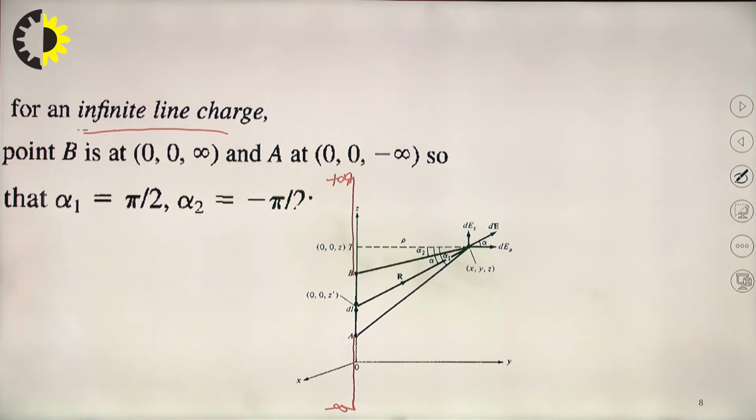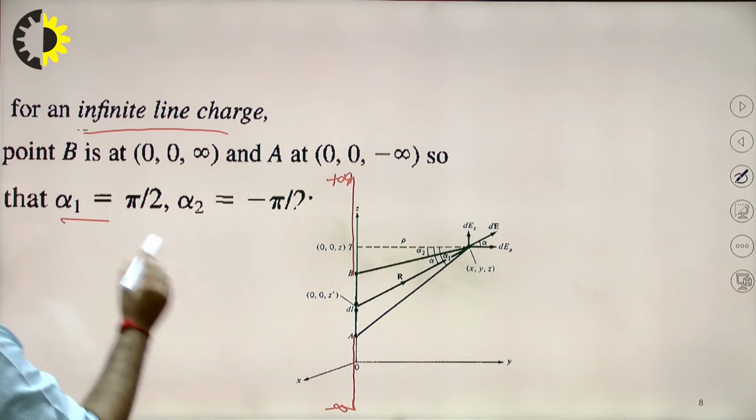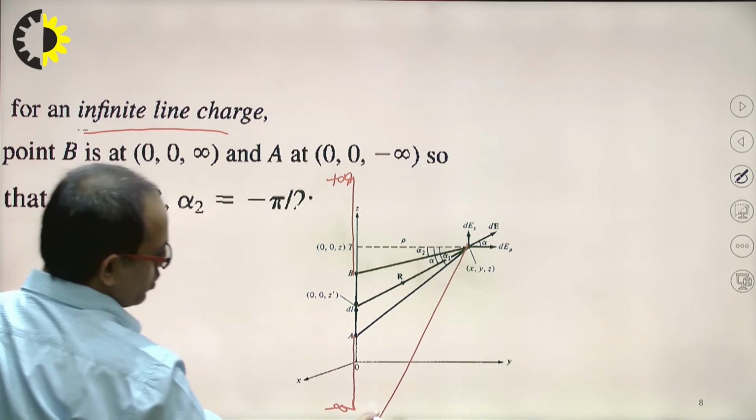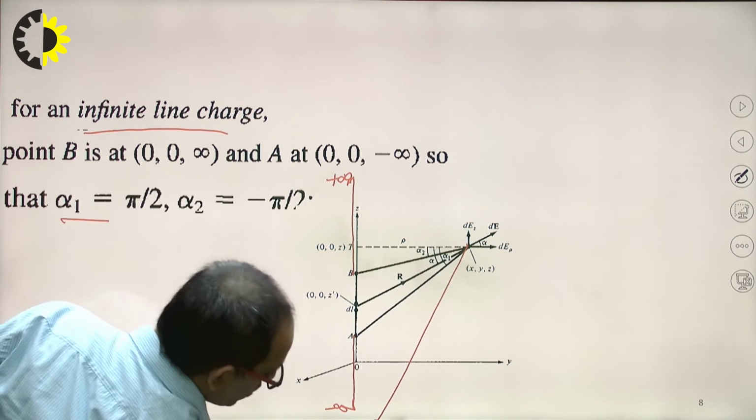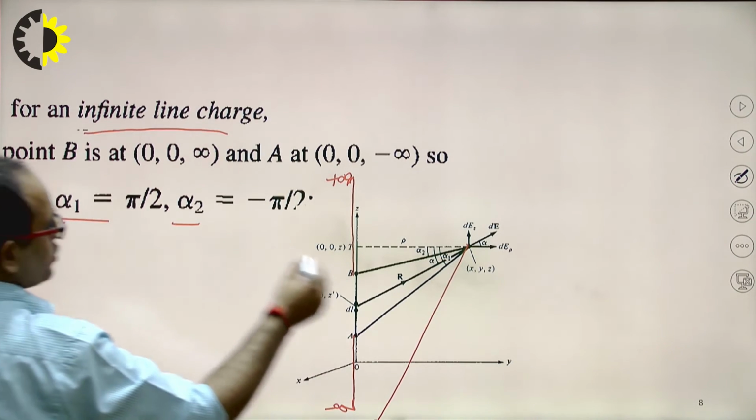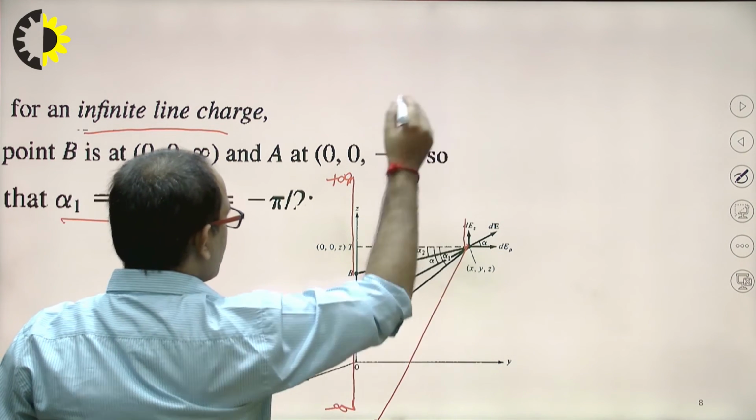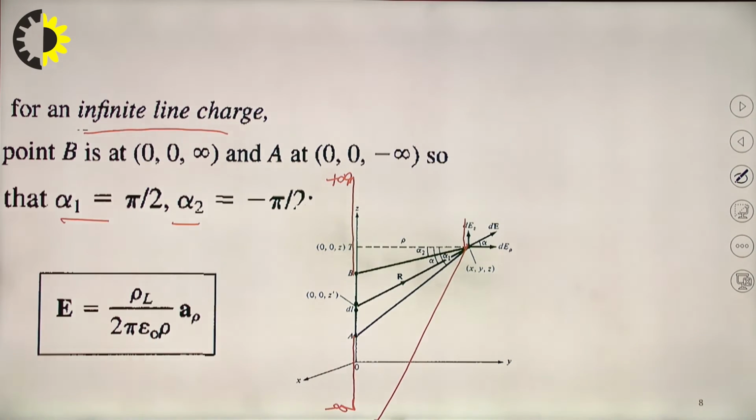You will observe that alpha 1 becomes equal to pi by 2, just like this one, and alpha 2 becomes minus pi by 2. You will get E equal to rho L upon 2 pi epsilon naught rho into a cap rho. So this one is the electric field due to a line charge density.